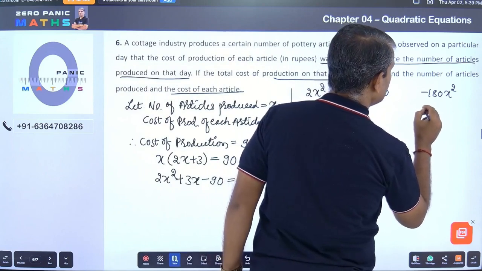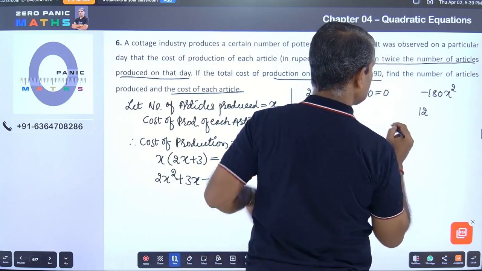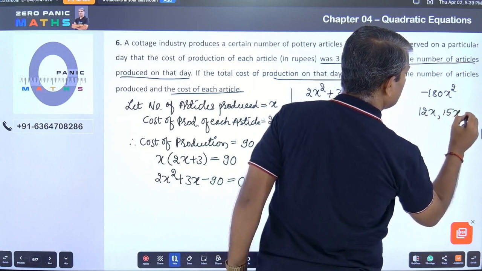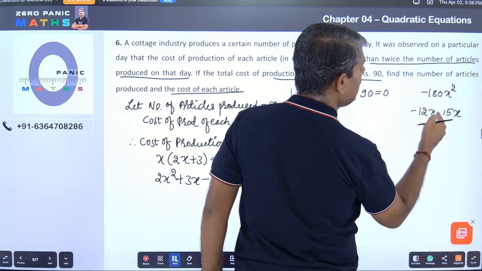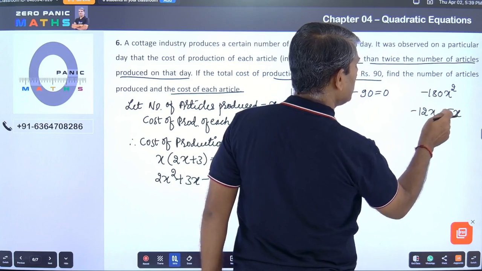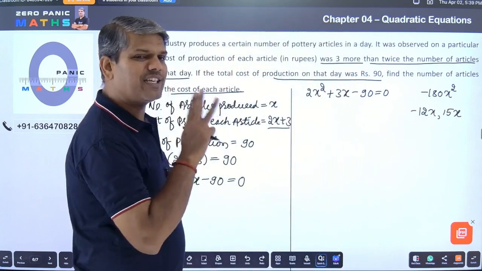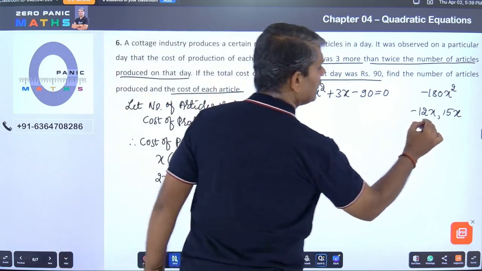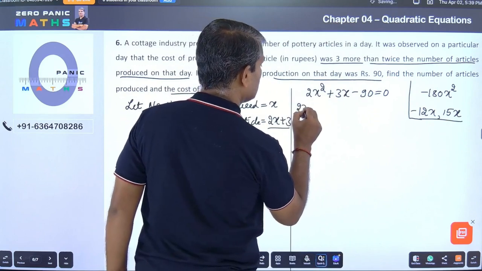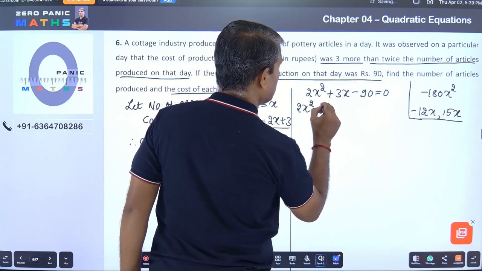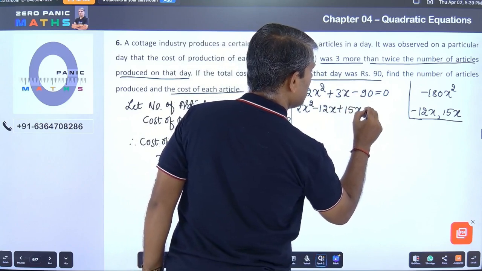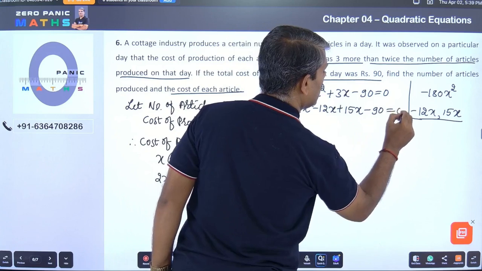So you can say 12x and 15x, and it should be minus 12x because the product gives minus, and 15 minus 12 gives plus 3x. So 12 and 15 are the two values we need to consider. Let us continue splitting this. 2x square minus 12x plus 15x minus 90 is equal to 0.